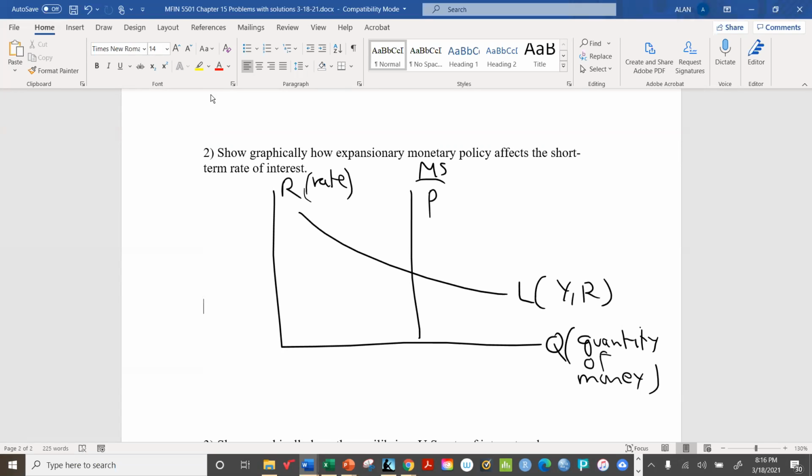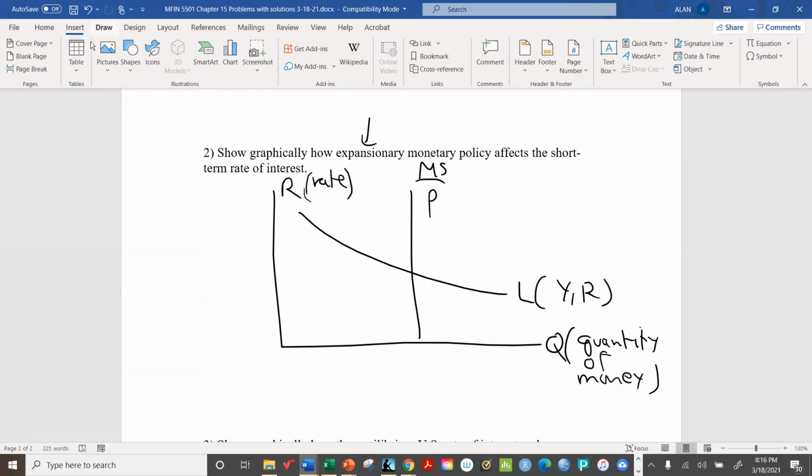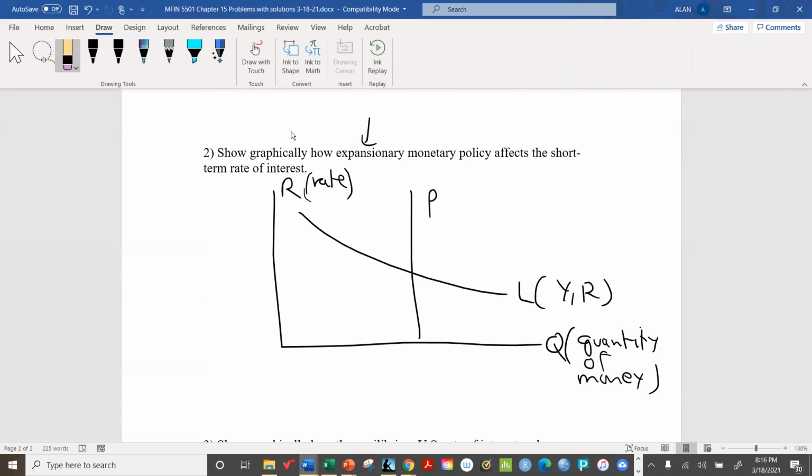So we're assuming that we have expansionary monetary policy, which means that the nominal money supply goes up. By the way, here's the equilibrium point. This is R1.